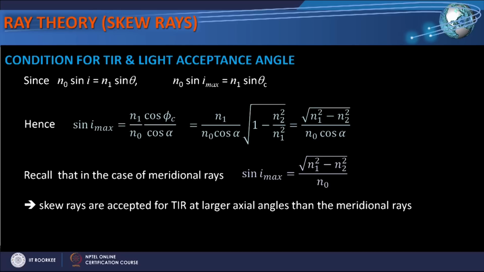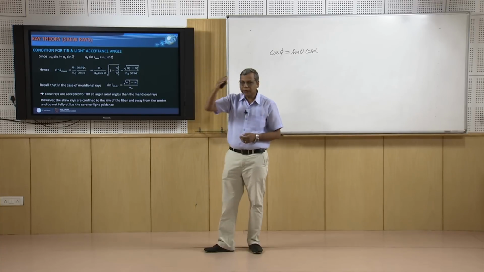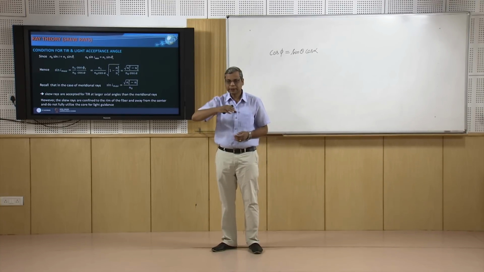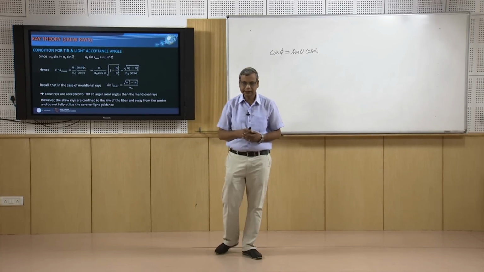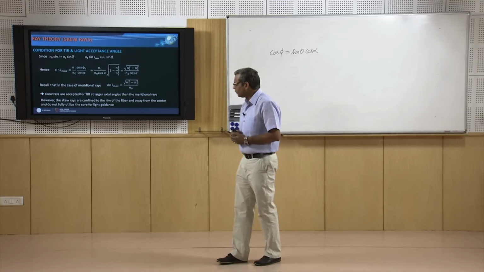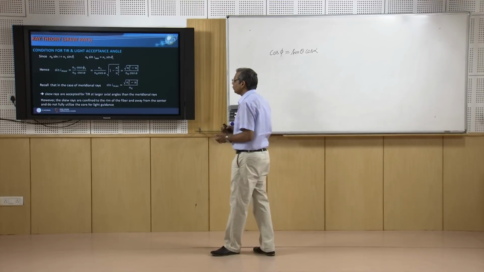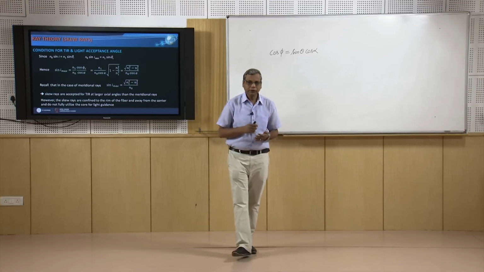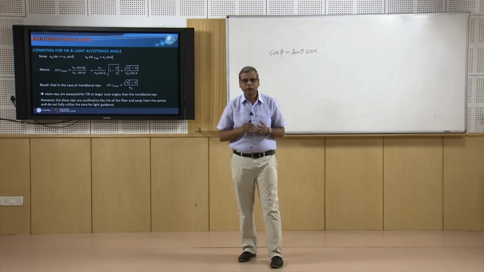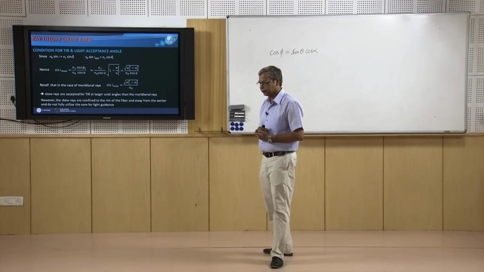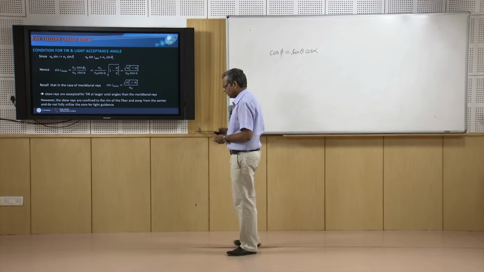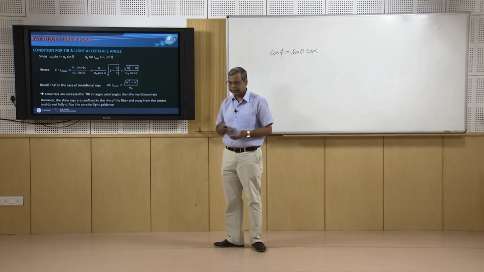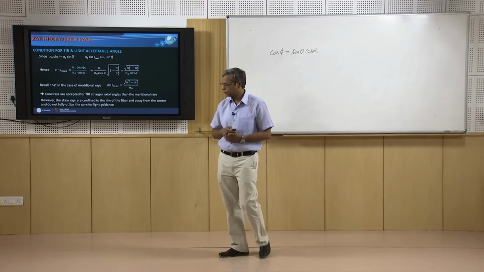But what happens is that these skew rays are confined to the rim of the fiber, they never cross the axis, and therefore, they do not fully utilize core for light guidance, and because of this they are not very important to be considered in optical fiber design and communication.